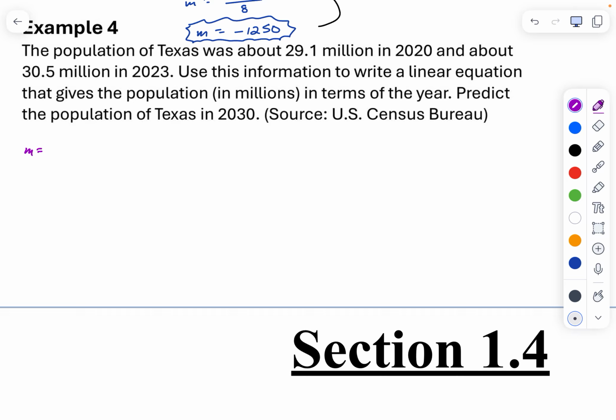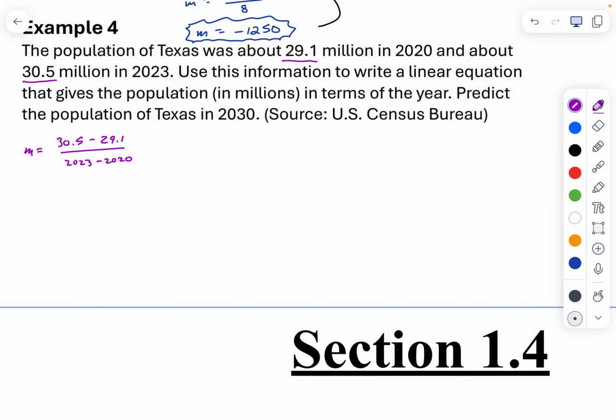So my slope, if I were to look at rate of change, I'm going from 29.1 million, and 3 years later I'm at 30.5 million. So do we agree that I could find that difference by taking the 30.5 minus the 29.1? And this is happening from 2020 to 2023.